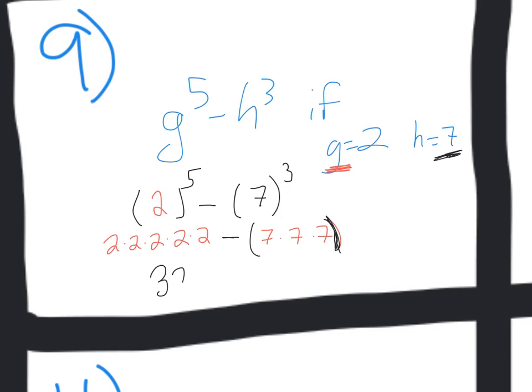So this would be 32 minus, all right, 7 times 7 is 49. And then 49 times 7, you could use your calculator for that one. That would get me 343. Go ahead and do that subtraction. 32 minus 343, you are going to get a negative number. And you should get negative 311 when you work that out, either on paper or in your calculator.